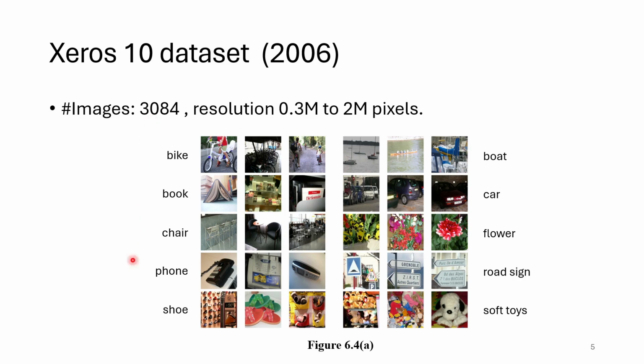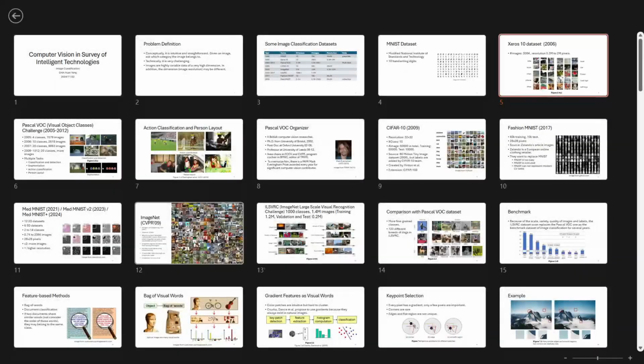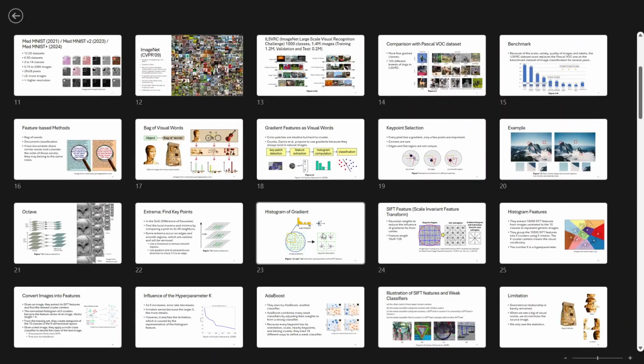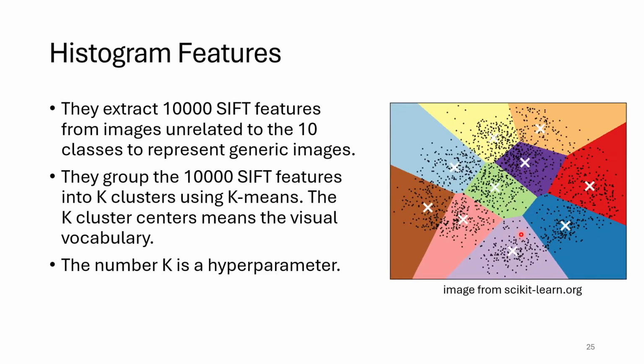The next step is they will use k-means. K-means is a clustering algorithm. It means, given a lot of feature vectors, suppose every point is a point in the 128-dimensional space, then k-means can cluster those feature vectors into some groups.